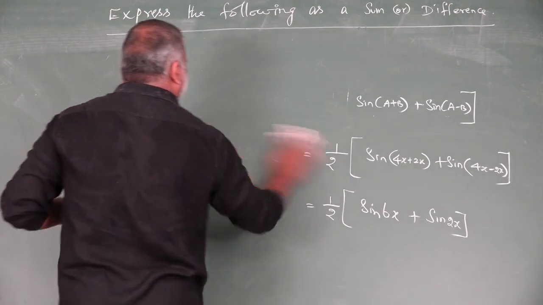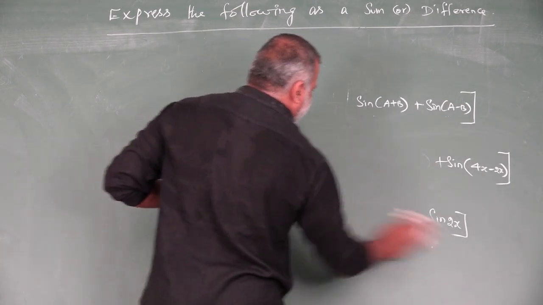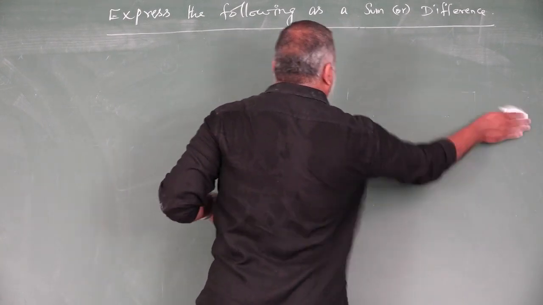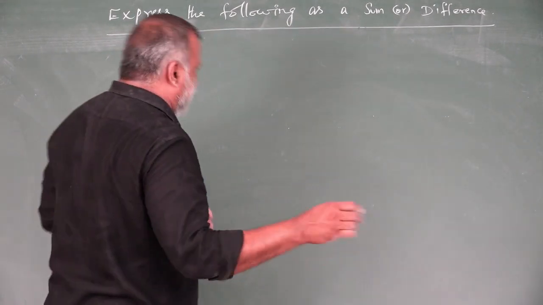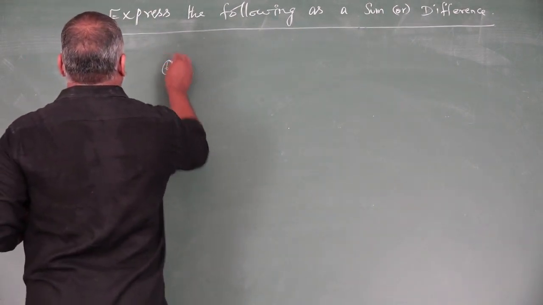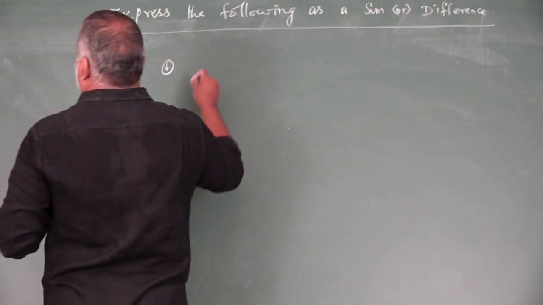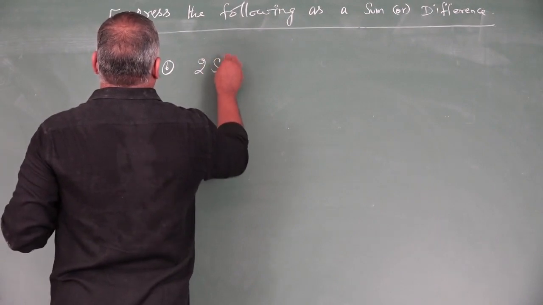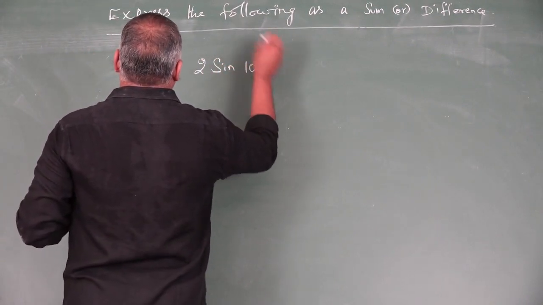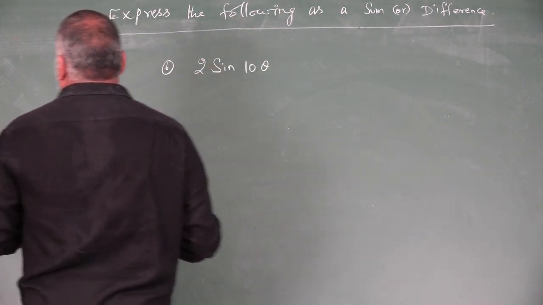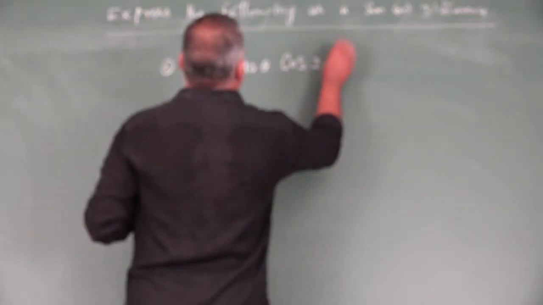Again the same model. Sum number 6. And we are having 7 questions in this model in your book. Now listen, sum number 6. We can get 2 sine 10 theta, cos 2 theta.